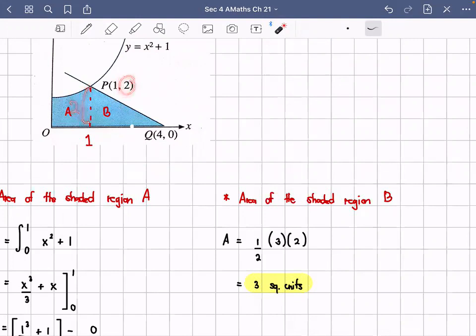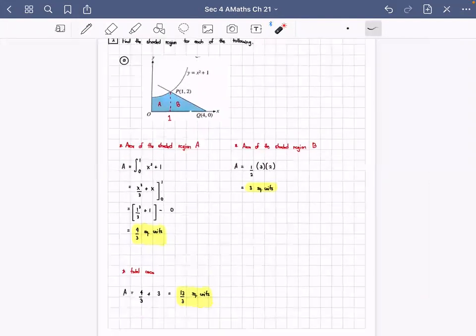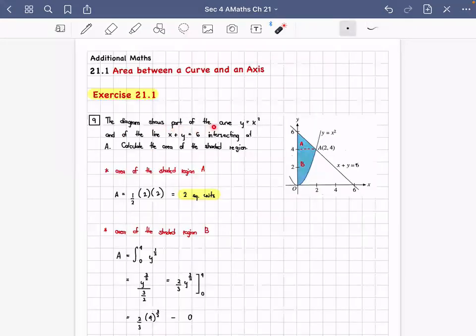So this is your base, this is your height, and times 1/2, that means that's 3 square units. Therefore, the area of the shaded region is the total of these two, which gives you 13 over 3 square units.